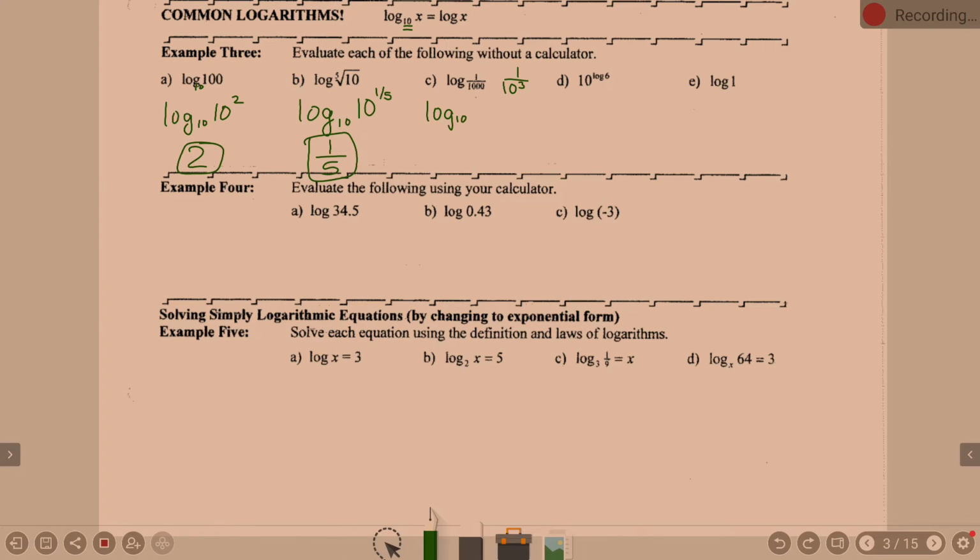So this is log of 1 over 10 to the 3rd, which is also 10 to the negative third. Remember, to get something with a power out of the denominator, make the power negative. So now I've rewritten that as log base 10 of 10 to the negative 3rd. What is this log equal to? -3. If you plug the log of 1 over 1,000 into your calculator, you're going to get -3. We're using the properties right now.